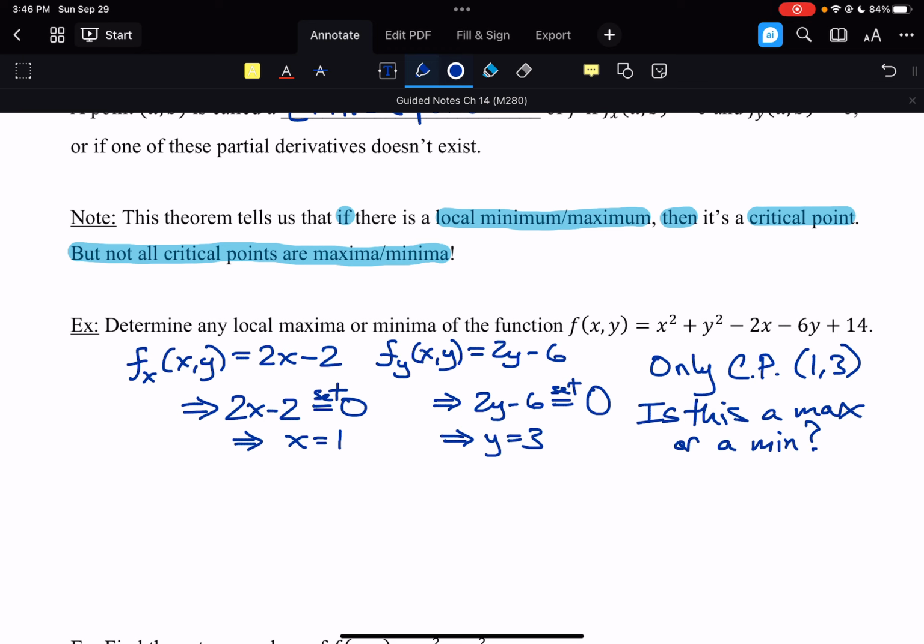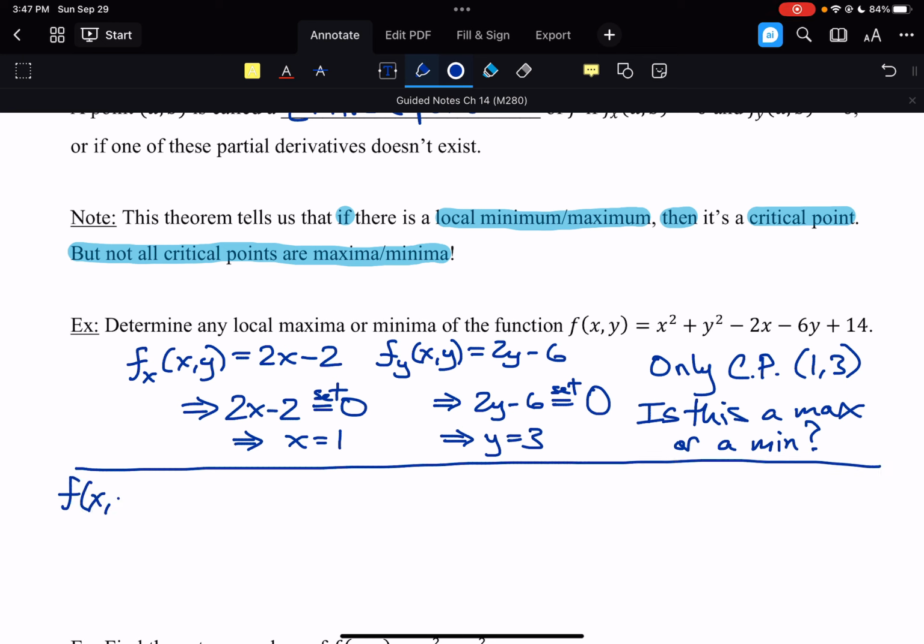So to figure this out more algebraically, we can take a look at the function again. So we got the function right here. What I want to do is regroup and put the x's together and the y's together. So let's separate this off here a little bit.